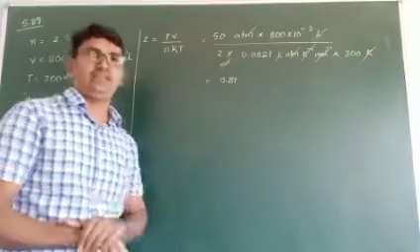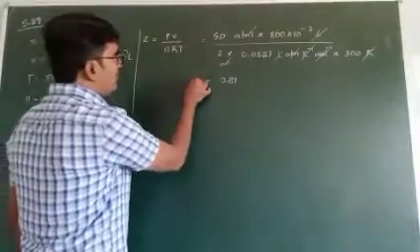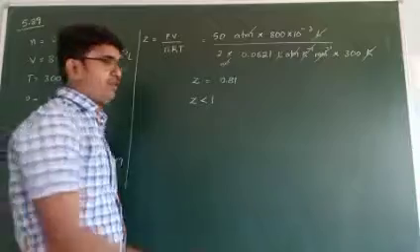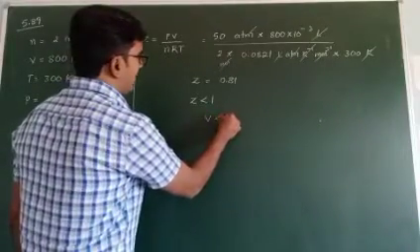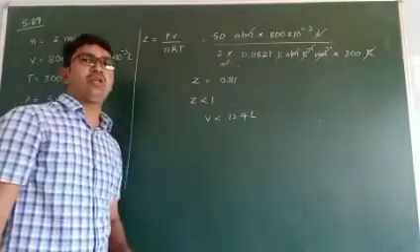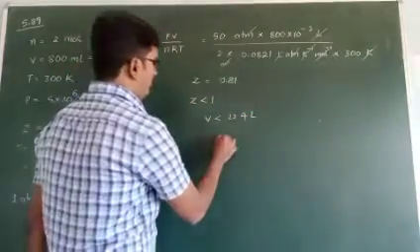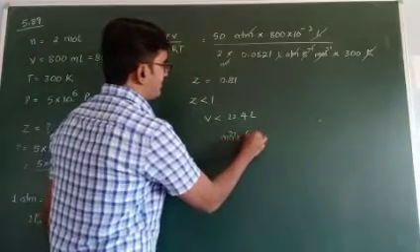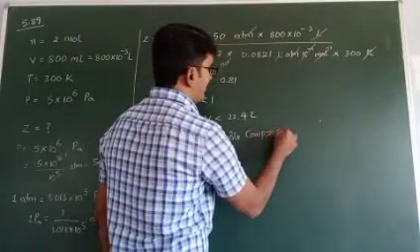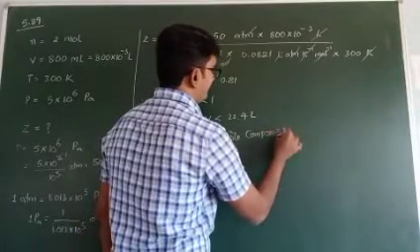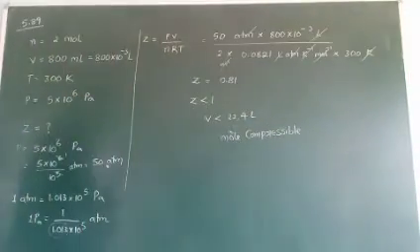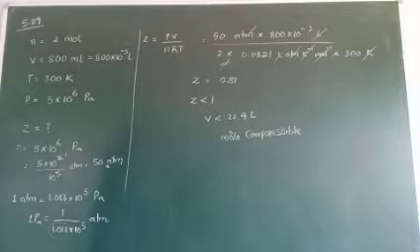We got 0.81, no problem. So Z value is 0.81, less than 1. Less than 1 means volume is less than 22.4 liters, which means it is more compressible. Volume decreases, so it is compressible. Completed this one also.